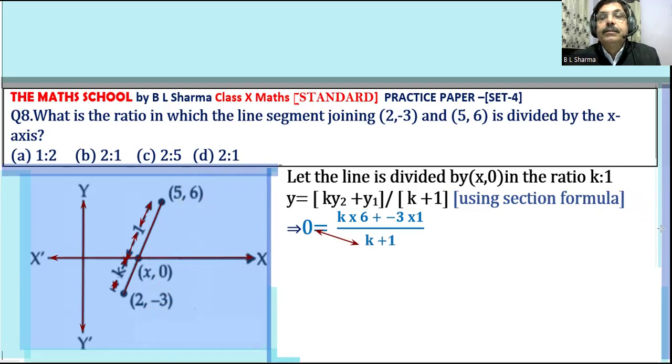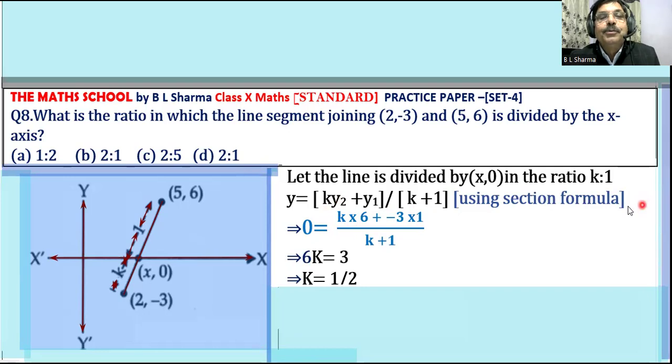That is why we can write 6k, that is 3. When this -3 is transposed to the other side, it becomes plus. So what is the value of k? So k is equal to 1/2.